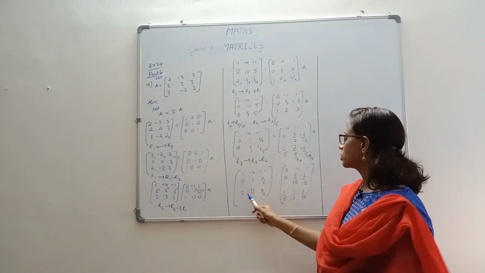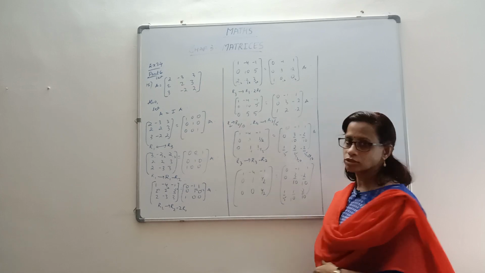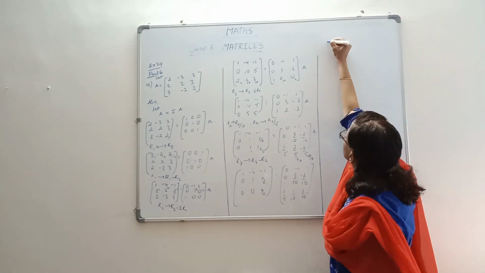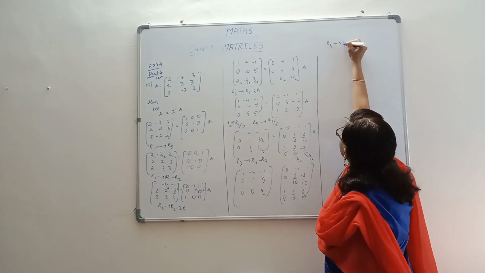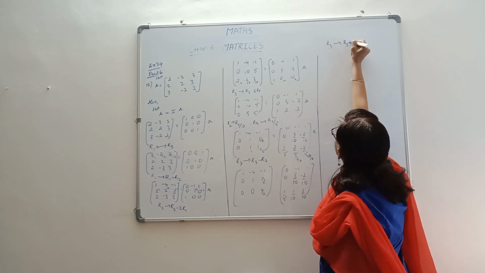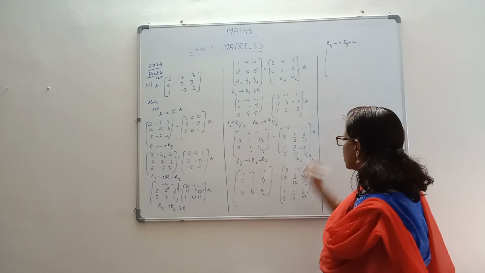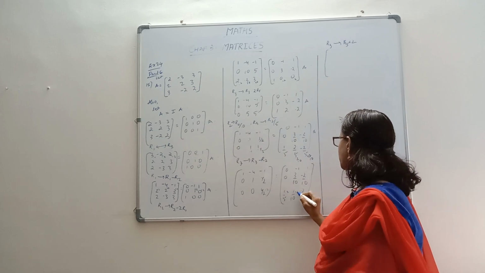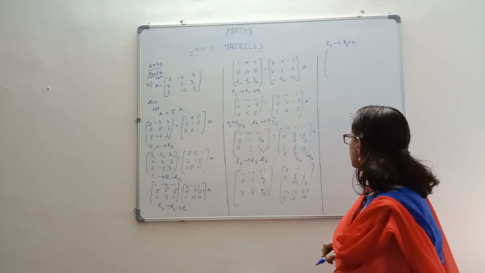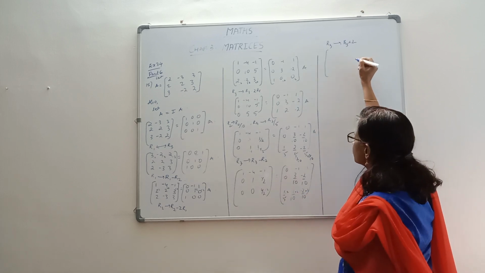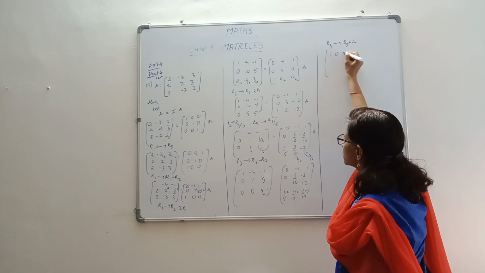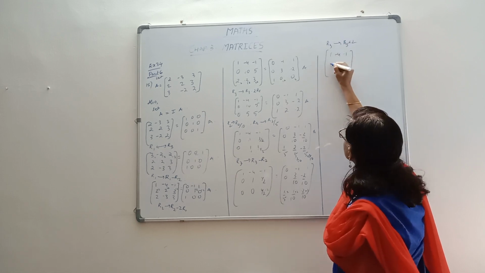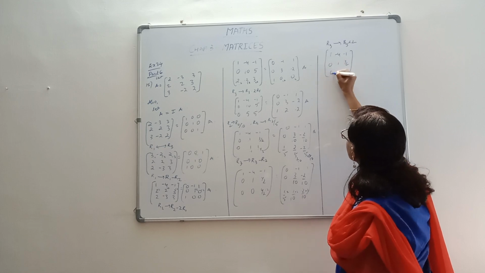What have we achieved? All this is over, this is over. Now this has to become 1. So if it has to become 1, you can multiply R3 by 2. So next step, let's multiply R3 by 2. Multiply by 2, multiply by 2, multiply by 2, multiply by 2. So let's see what is coming here. We are getting 1 minus 4 minus 1, 0, 1, half, 0, 0, 1.